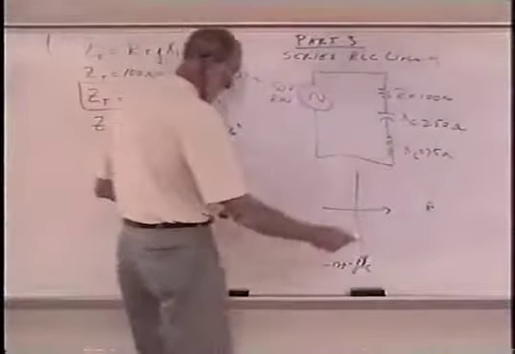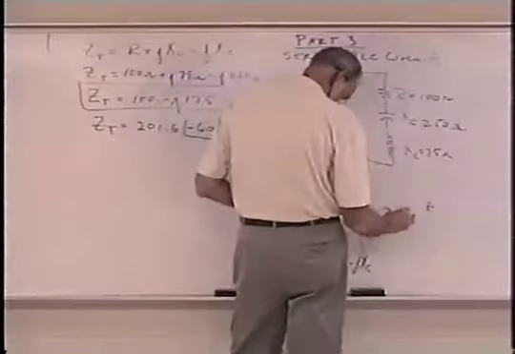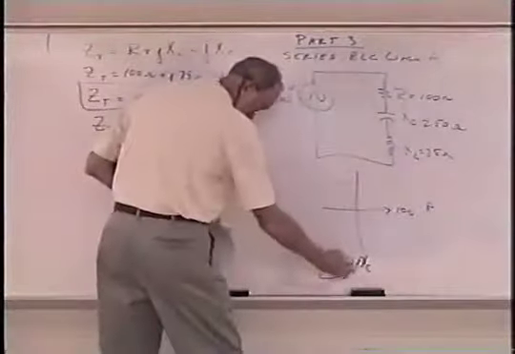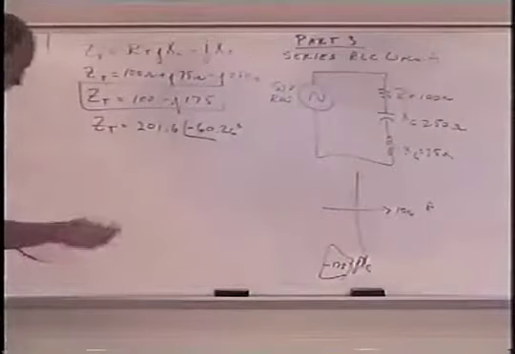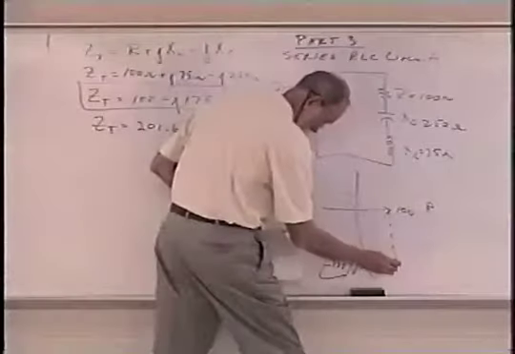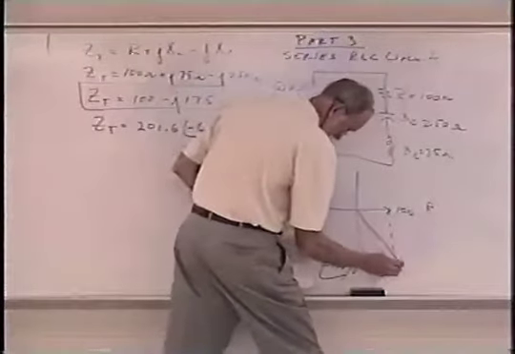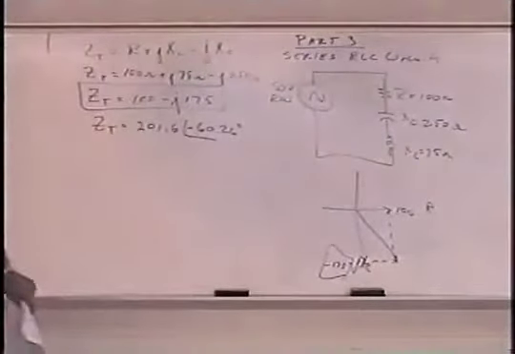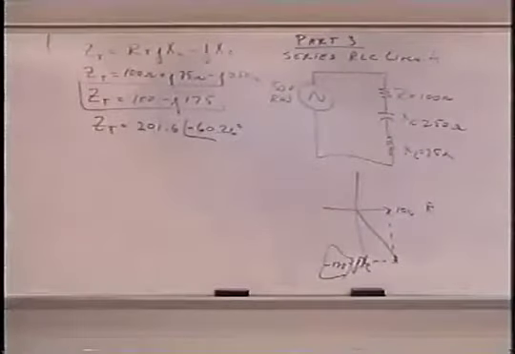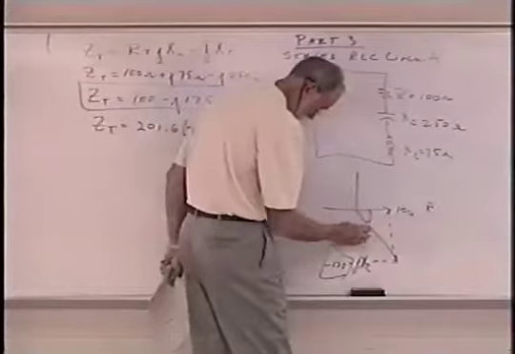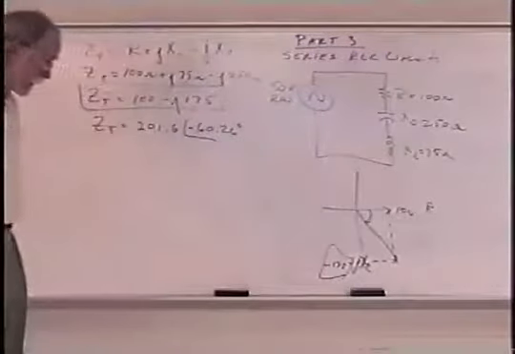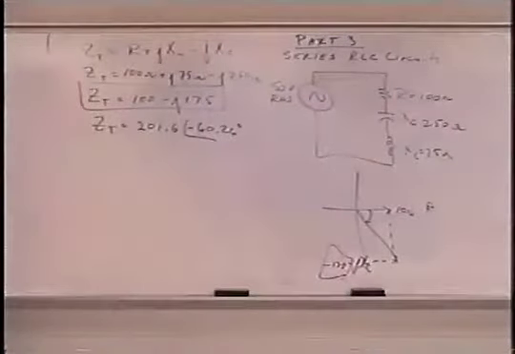This is 100, and this down here is 175. All right, so now that's my phasor, or my vector, that represents the impedance in polar form. That's my negative 60 degree angle right there.